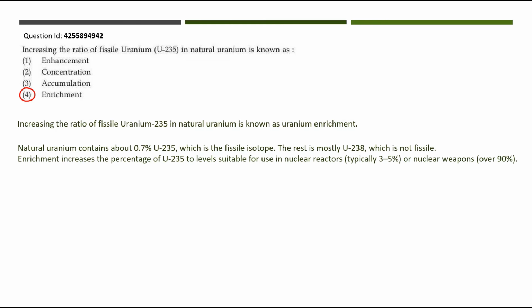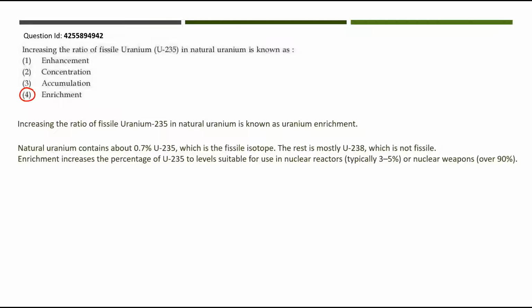Next question. Increasing the ratio of fissile uranium U-235 in natural uranium is known as? Increasing the ratio of fissile uranium in natural uranium is known as uranium enrichment. Option number 4, enrichment will be the right answer. Natural uranium contains about 0.7% U-235, that is fissile uranium, which is the fissile isotope.